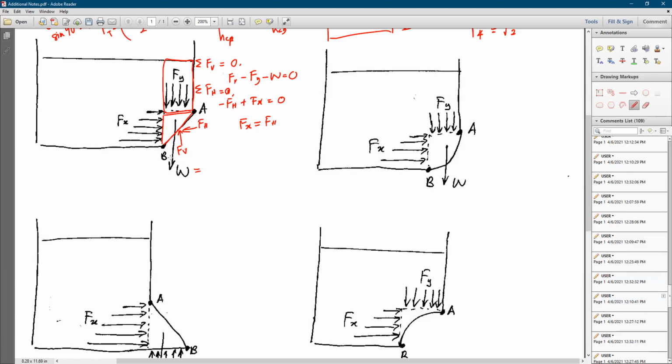W is the weight, a force. Weight and force are the same; the unit is the same, Newton or pound. So W is going downwards here. Now you have to deal with gamma.